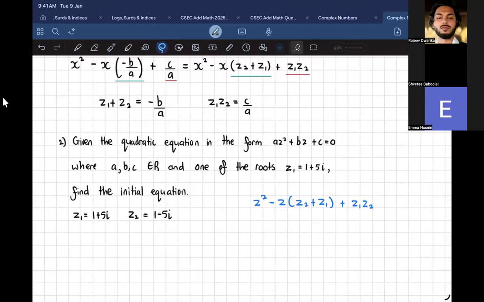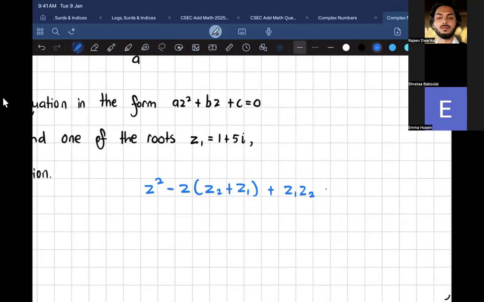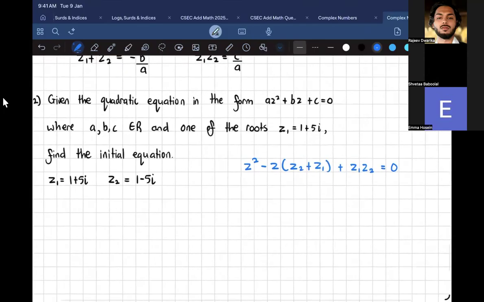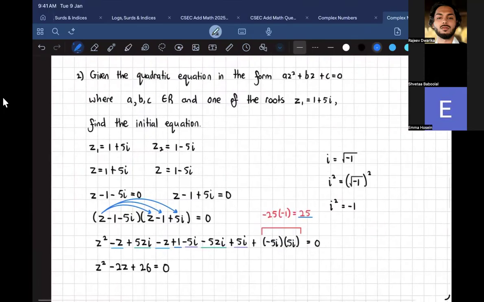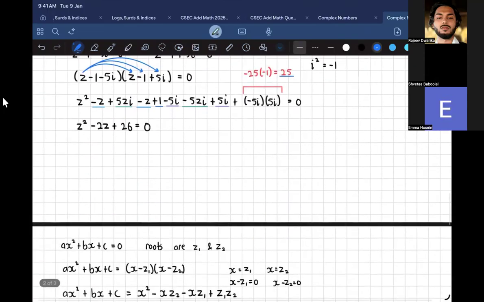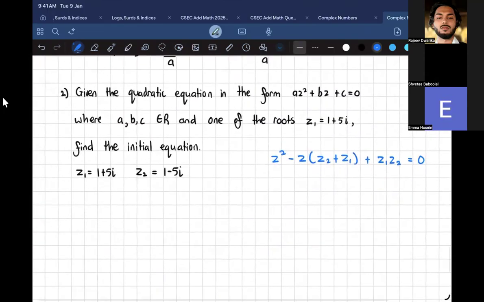Yeah. All right. And I would use this if I want to figure out the quadratic equation. So Shweta, let's apply this theorem and see if we're getting back what we got here, x squared minus 2x plus 26. Let's see. Do you think it's going to work? Because Shweta, all the way back in A-Maths, you learned that if you want to find the equation from the roots, it's x squared minus the sum of roots plus the product of roots.